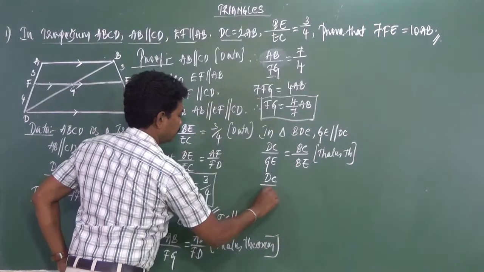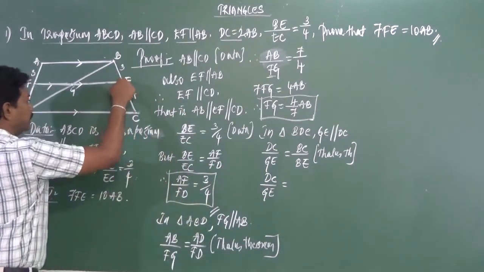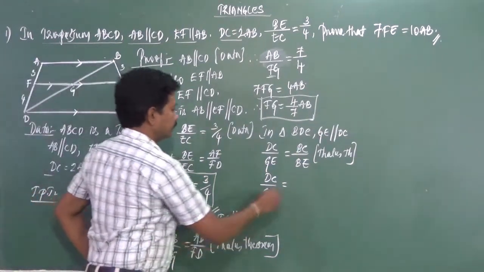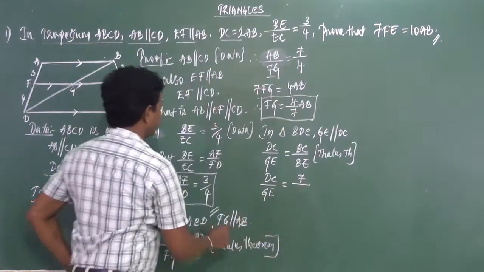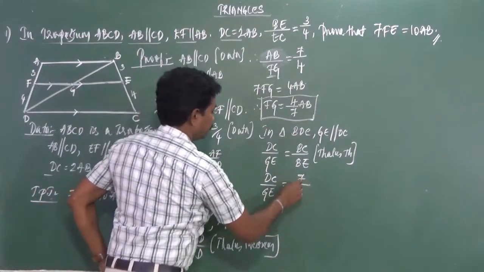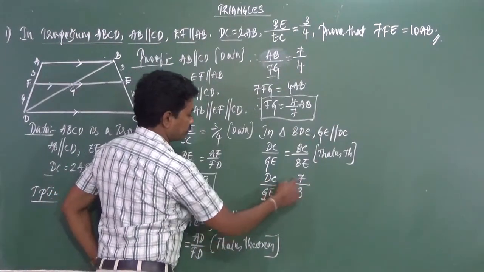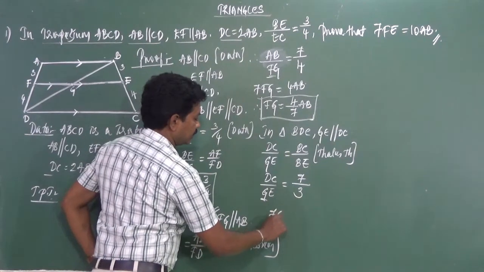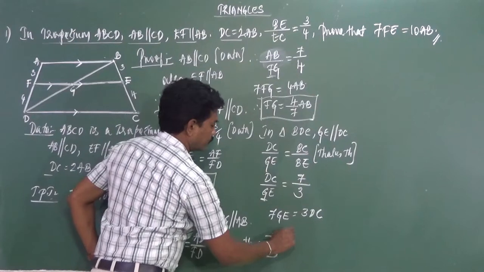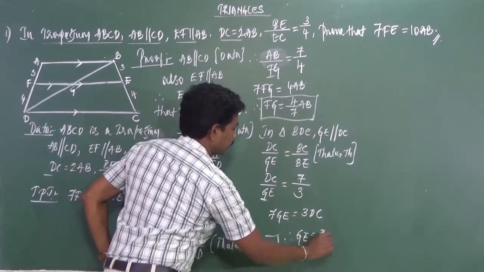DC by GE is equal to BC, which is BE plus EC, that is 3 plus 4, that is 7 units, by BE, that is 3 units. We will go with cross multiplication, making GE the subject. GE into 7 is 7GE, which is equal to 3DC. So therefore GE is equal to 3 by 7 DC.